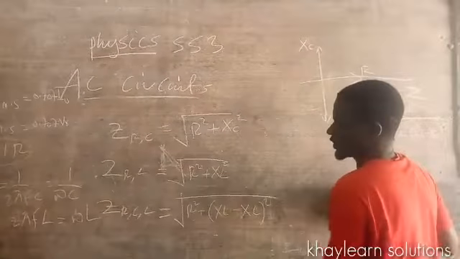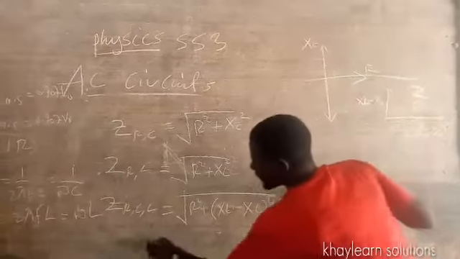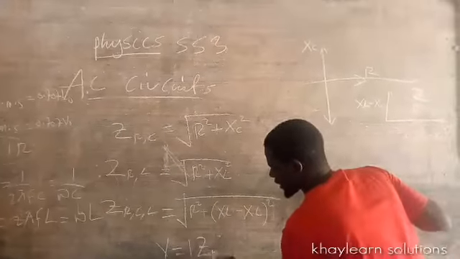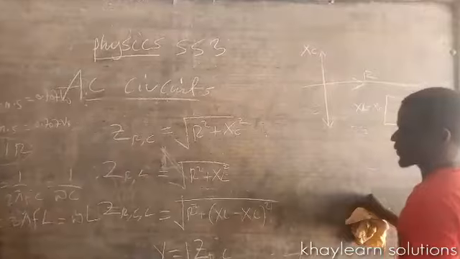All this can be calculated simply. We can have V equals I Z subscript R and C if the resistor and capacitor are connected.